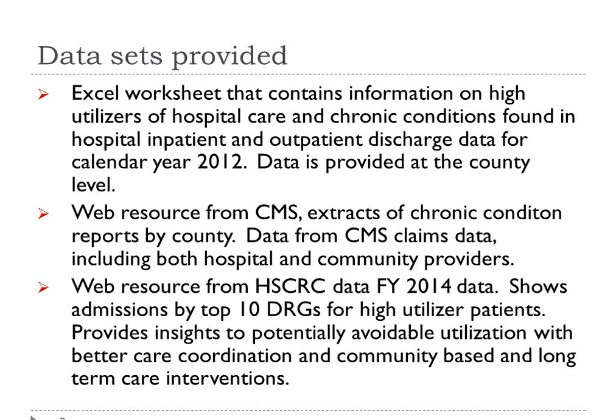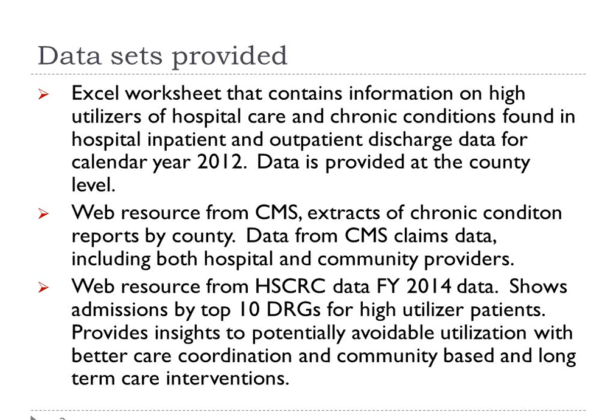Those reports are generated from a broader set of claims than just hospital claims, so they should be identifying some additional chronic conditions. They include both hospital claims as well as all of the claims from the community providers like physicians and skilled nursing facilities, etc. And so those two resources are focused on the chronic conditions and the high-use patients.